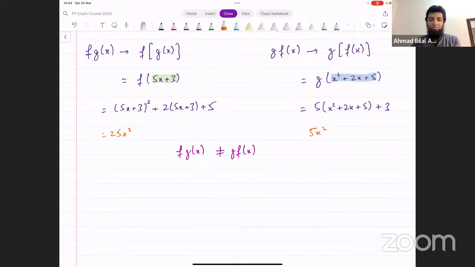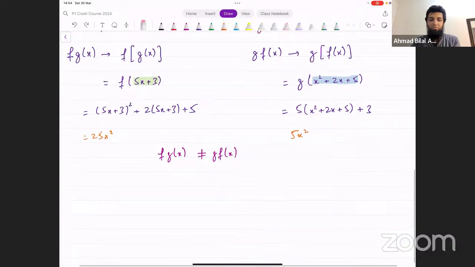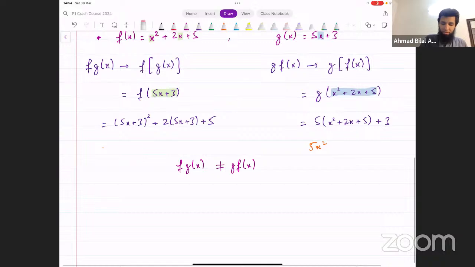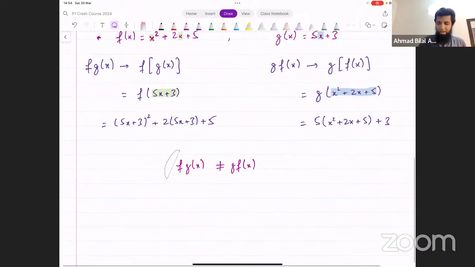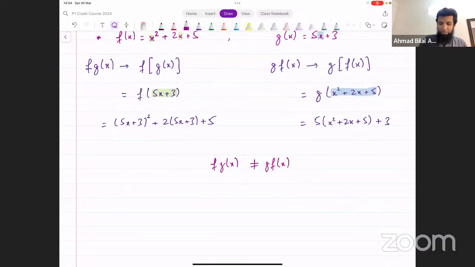They're different. So in general, this is true that fg of x is not the same as gf of x. All right. So in general, this is what is true.